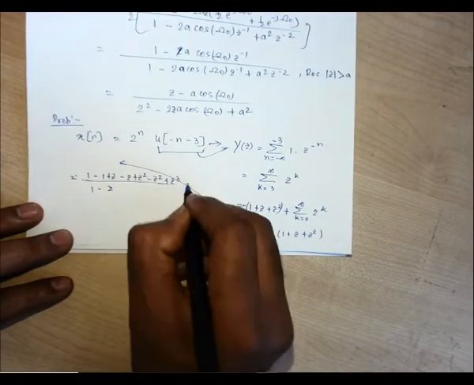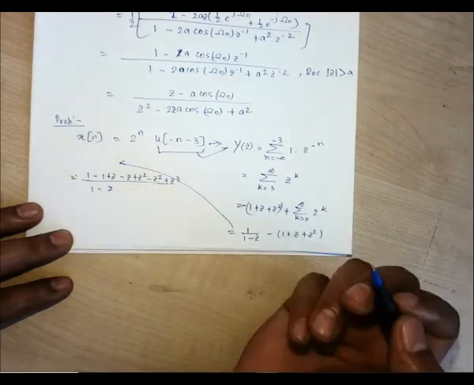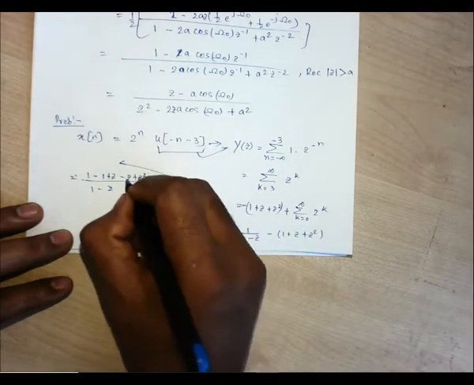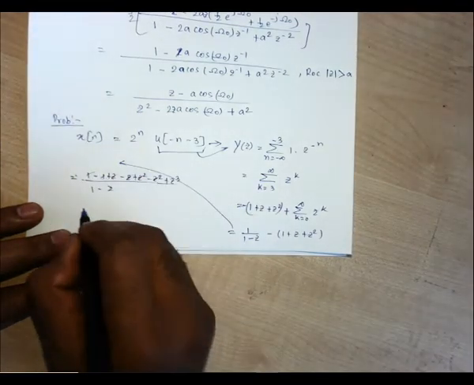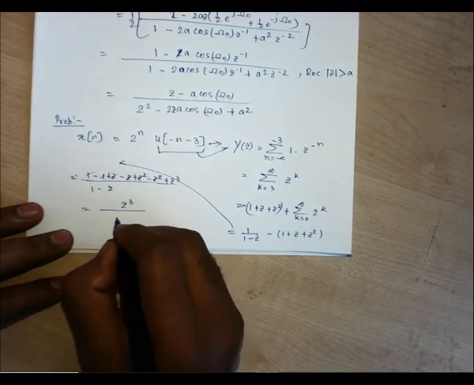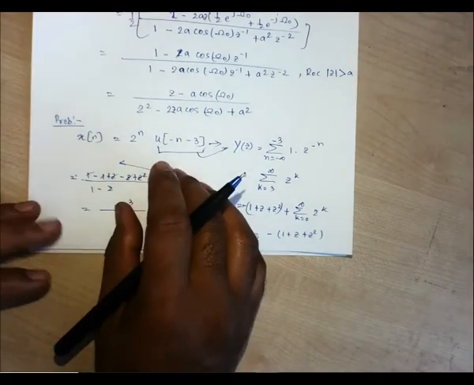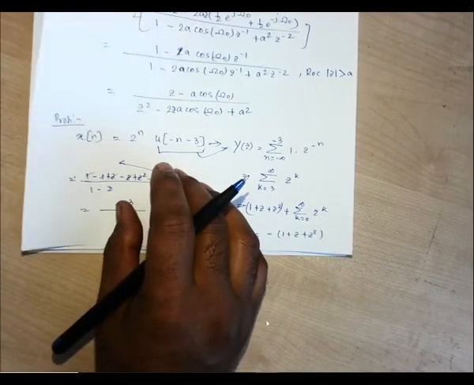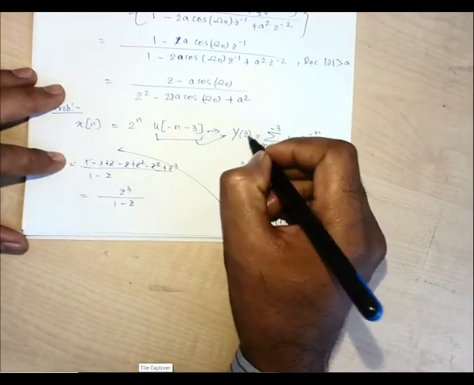So the square will get cancelled. We are supposed to have z cube by 1 minus z. Okay, so this is the y of z.